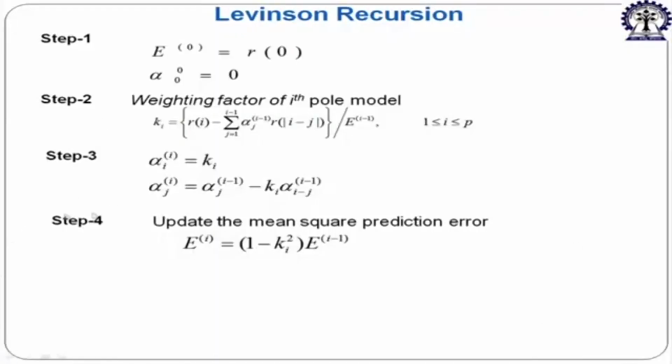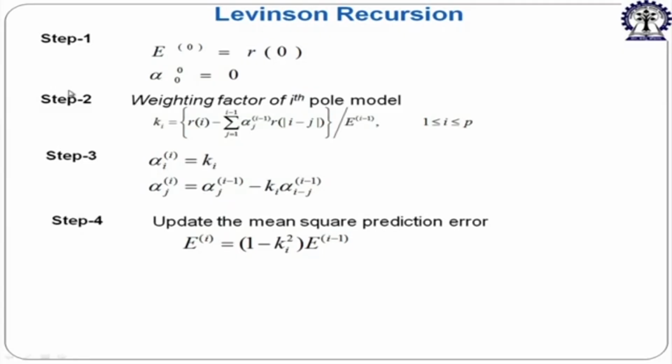In step 1, the zeroth order predictor error is nothing but R0, and alpha 0 0 is equal to 0. Then there are iterations: one is the weight factor, the ith pole model K_i, then alpha i i equal to K_i, then alpha j i by iteration, then update the mean square error. Those are the four steps used in Levinson recursion.